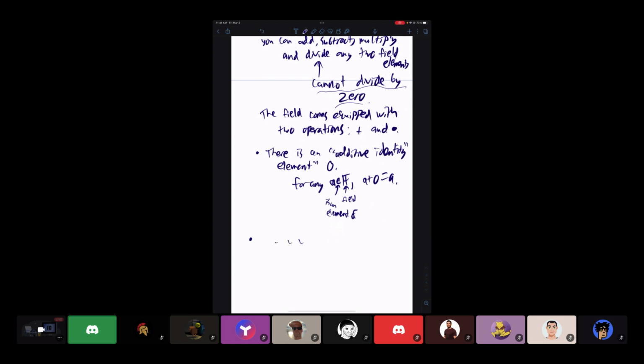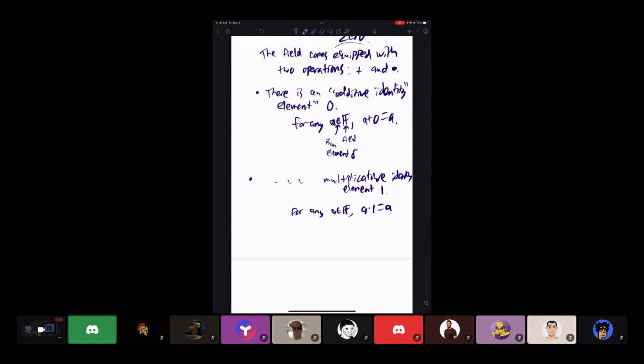Similarly, there is a multiplicative identity element, which we call 1. And that's what it sounds like: for any field element, if you multiply it by 1, you get out the same thing you started with.